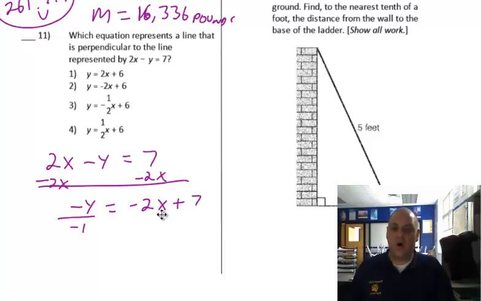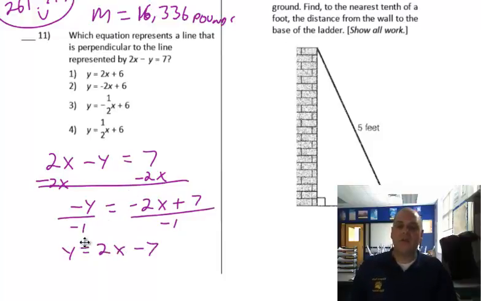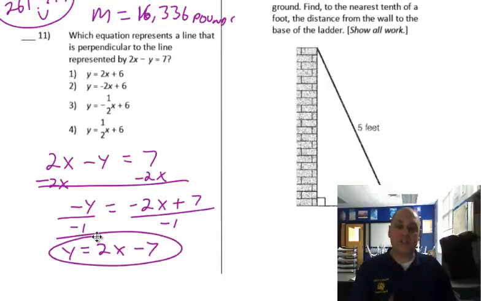Divide by -1. So y equals, this is going to be positive 2x minus 7. So here's my line, and my slope is 2. If I want a perpendicular line, I need a perpendicular slope, which is going to be a negative reciprocal slope.